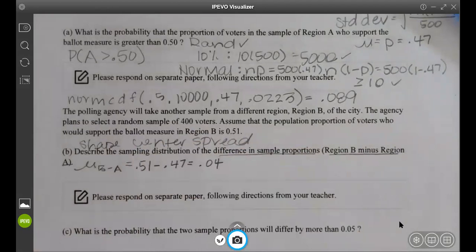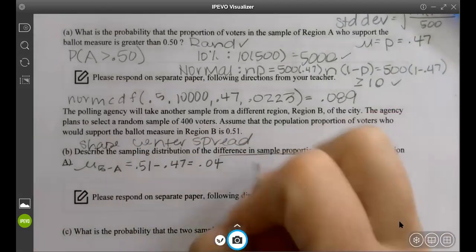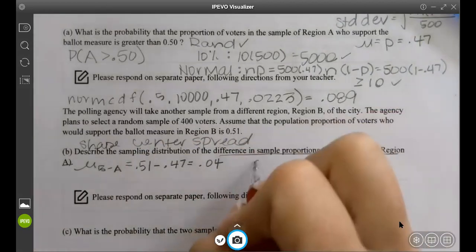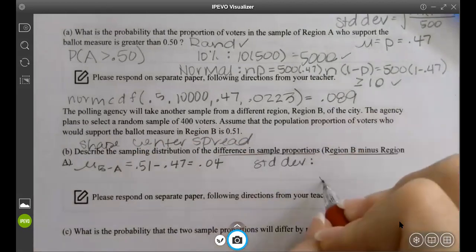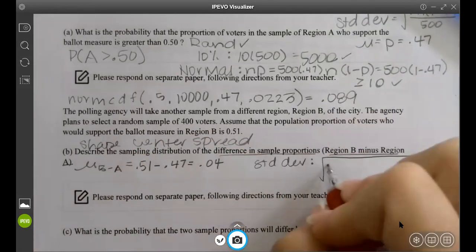All right. So remember, differences when we do standard deviation or variances, are we going to use a subtraction? Yes or no? No, remember we always add those. Okay, so basically we're gonna add those and then put it underneath the square root. So the standard deviation is gonna be a big fat square root.